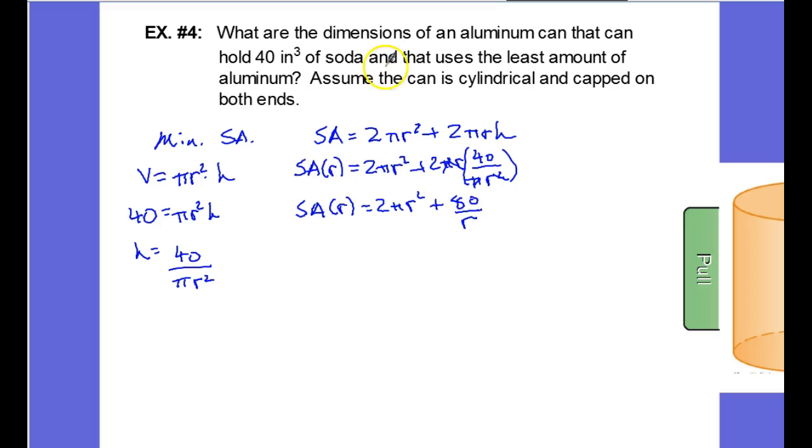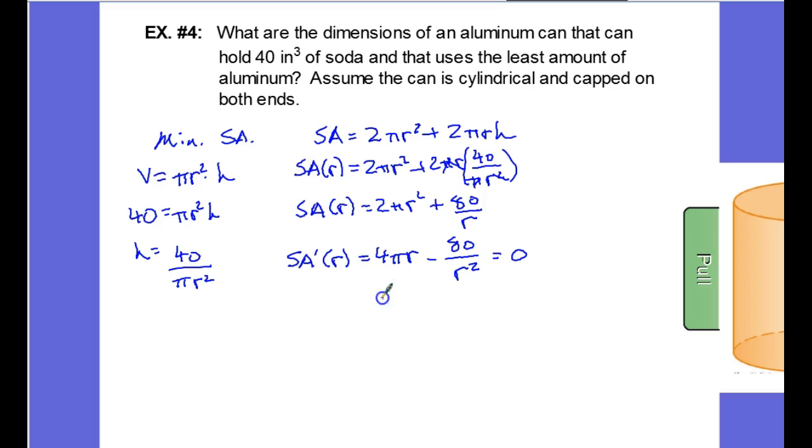Now remember, we want to minimize the surface area, so let's take the derivative. SA prime of r is equal to 2 times 2 is 4 pi r plus, and this is 80 times r to the negative 1, so when I take the derivative we end up with a minus 80 over r squared, and we'll set that equal to 0.